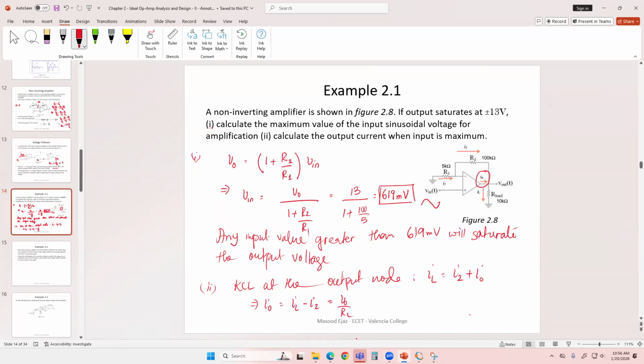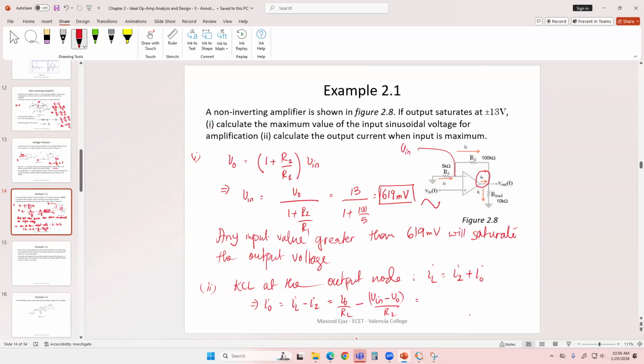And I2 is the current passing through the feedback resistor, which is V input minus V output over R2, since the voltage at this node is going to be V input. So go ahead and calculate and let me know.